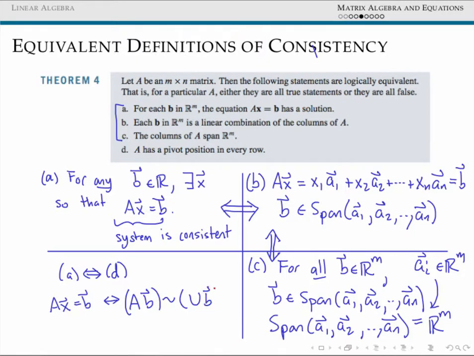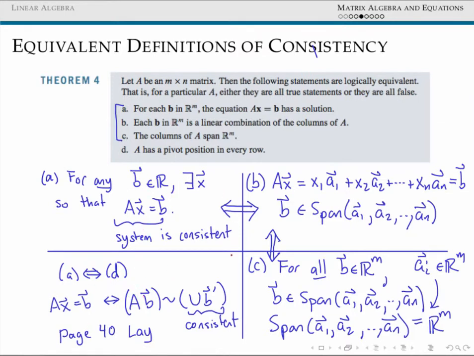I'll call this maybe B prime. If this system is consistent, that tells us precisely what we know about the columns. So to see a little more detail in how this proof works, check out page 40 inside Lay to see a walkthrough of the proof that A and D are equivalent statements.